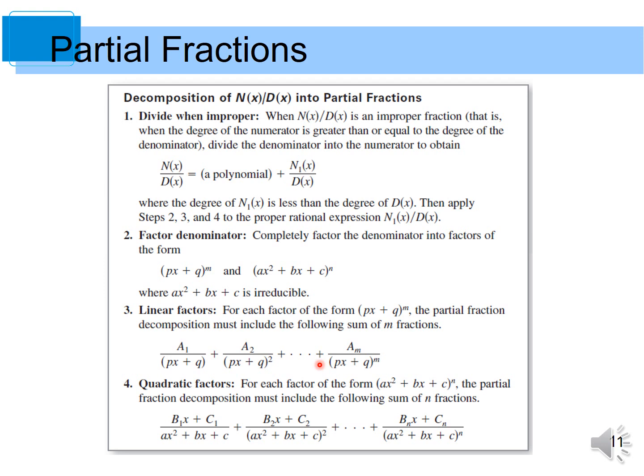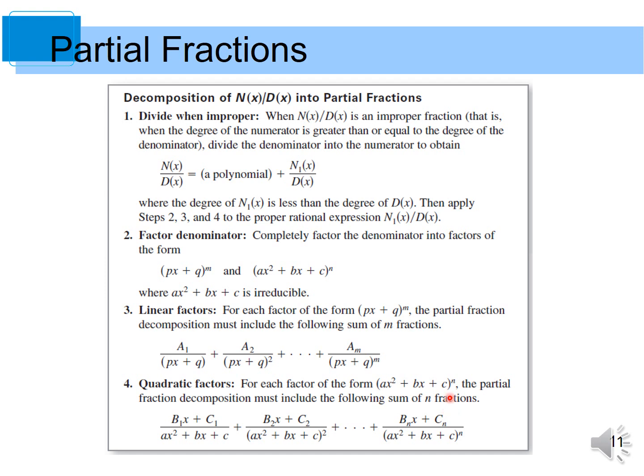Now for the last, quadratic factors. For each factor of the form (ax squared plus bx plus c) to the power n, the partial fraction decomposition must include the following sum of n fractions.